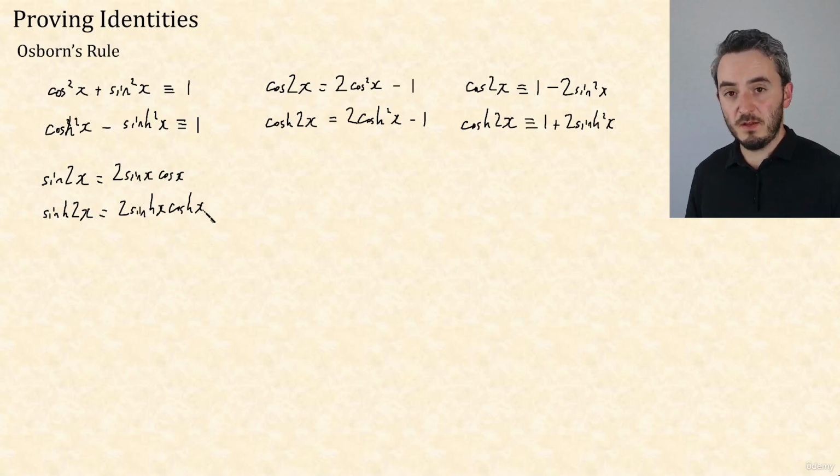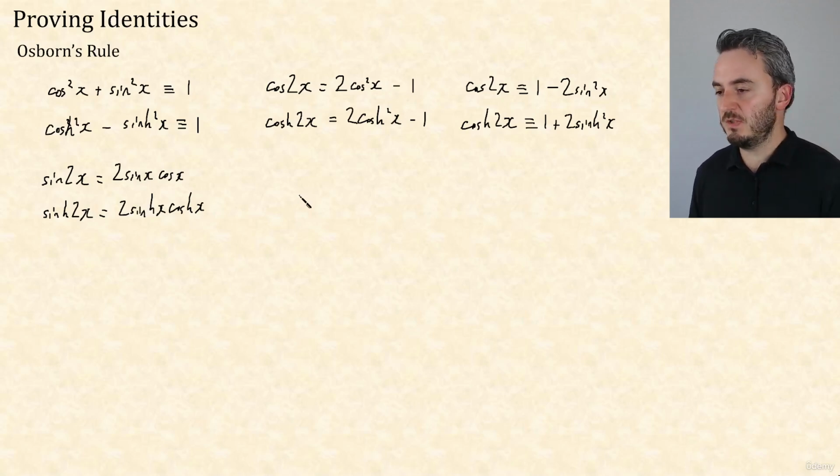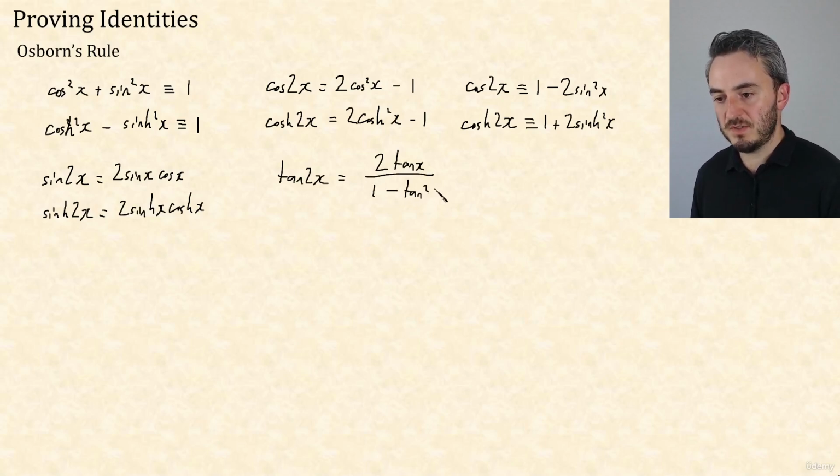Now I said either a sine squared x or an implied sine squared x. Well, the implied sine squared x is basically tan squared x, because remember tan squared x is sine squared x over cos squared x. So take, for example, the tan double angle formula. We have tan 2x is equal to 2 tan x over 1 minus tan squared x. Well, what does that imply for tanh 2x?